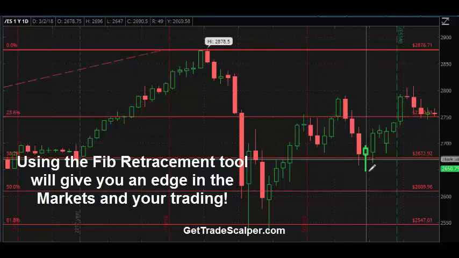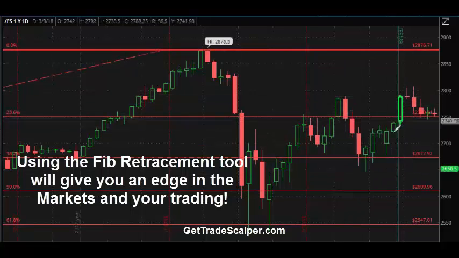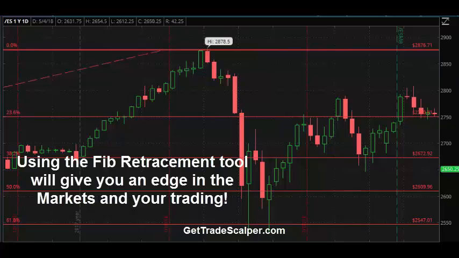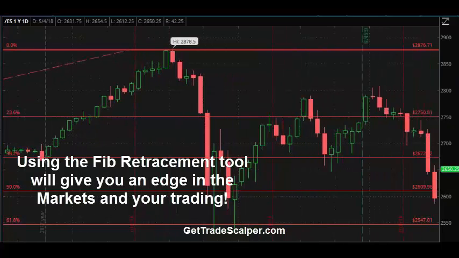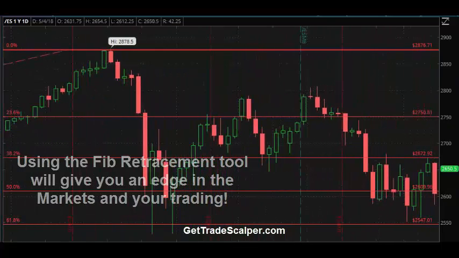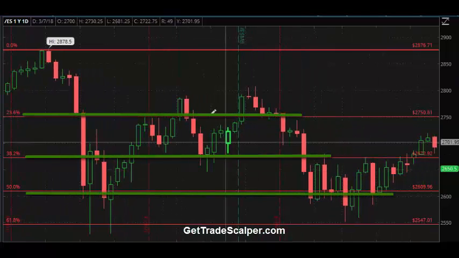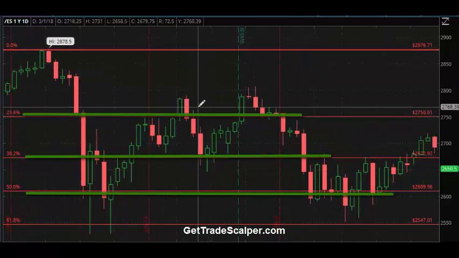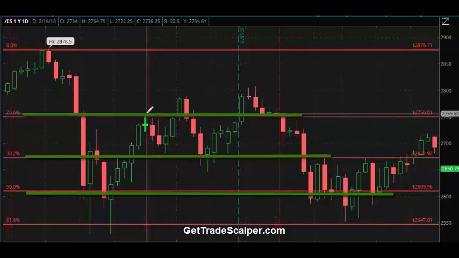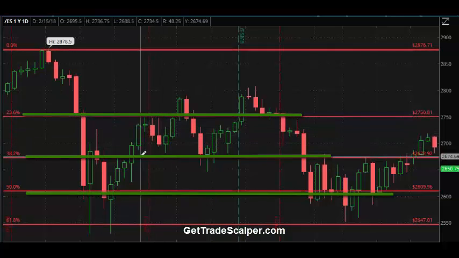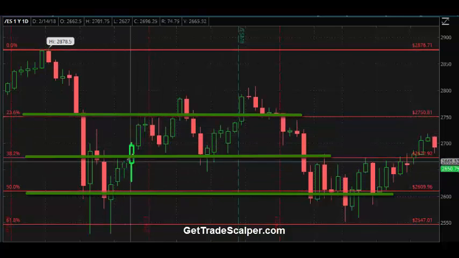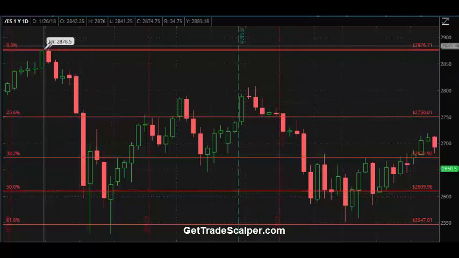And so using the Fib retracement tool gives you an edge in the markets. This gives you some levels to watch for some trade entries.